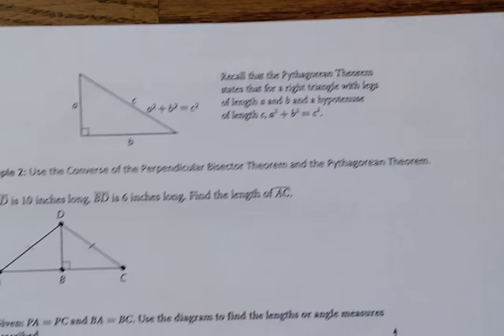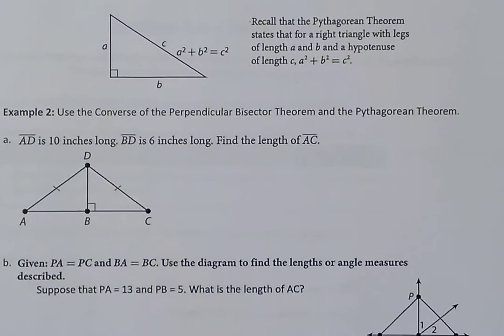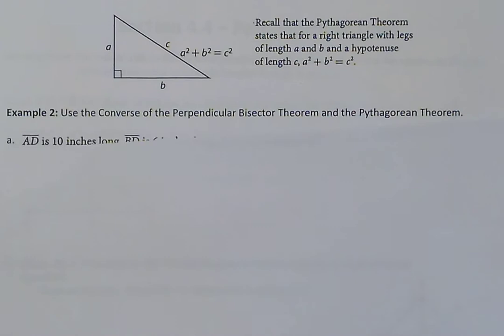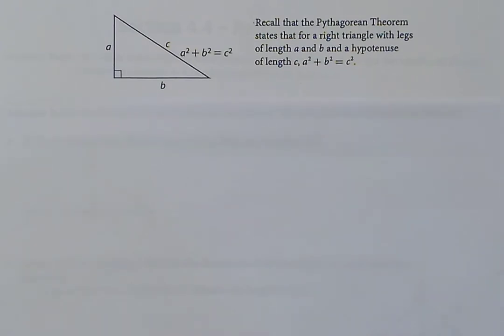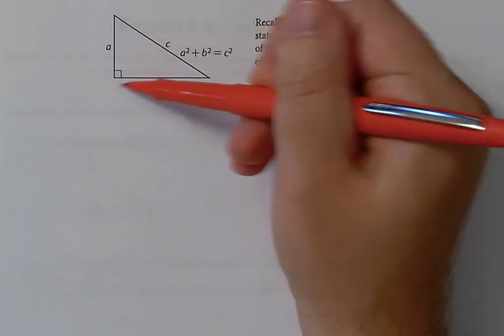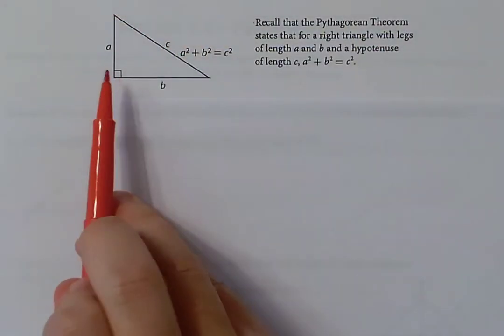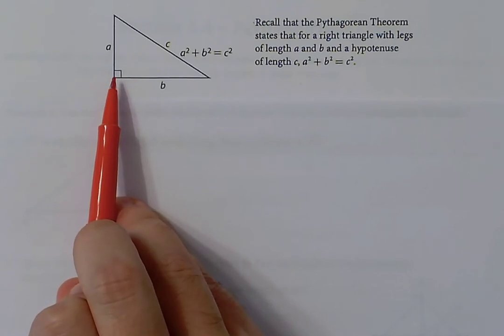All right, so I just mentioned the Pythagorean theorem. Let's recall what the Pythagorean theorem is, because it's something you should hopefully have learned before, but in case you do not recall, let's talk about it now. If I have a right triangle, a right triangle means that one of my angles is 90 degrees, as indicated here.